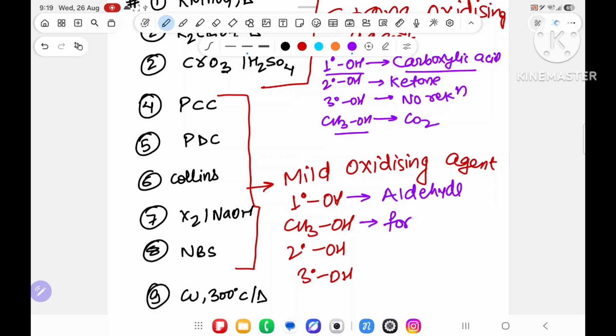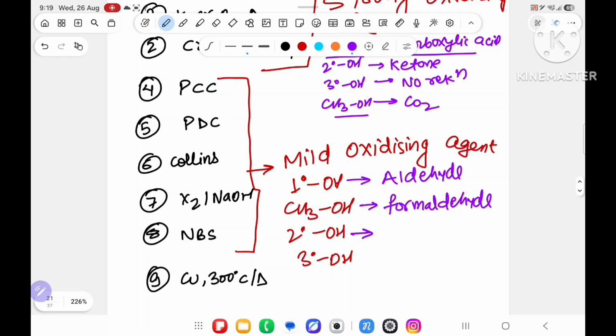CH3OH is converted into formaldehyde, not carboxylic acid. 2 degree alcohol is converted into ketone, and 3 degree alcohol again gives no reaction. So 1 degree alcohol, aldehyde; CH3OH, formaldehyde; that you have to take care of.